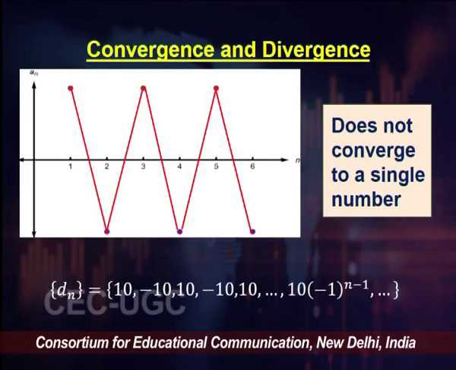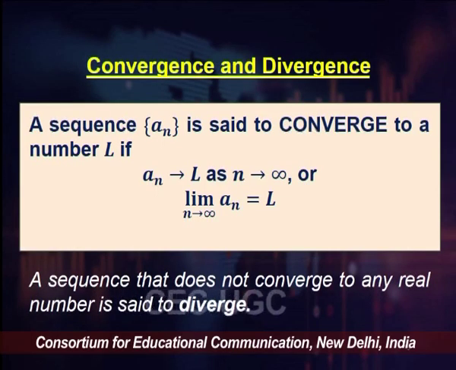And now we can look at the mathematical definition of convergence. A sequence a n is said to converge to a number L, and here we are looking at the general term.